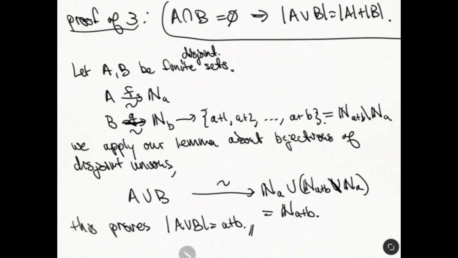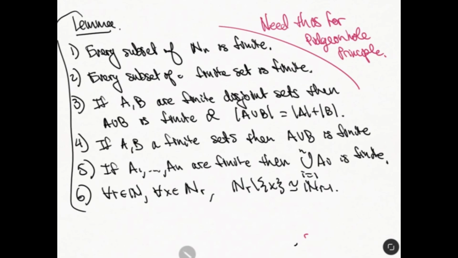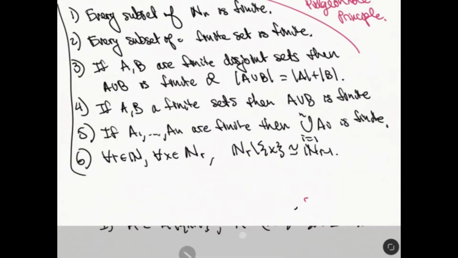Okay, so let's do the proof of 4 now. Proof of 4 was when A and B were not necessarily disjoint.